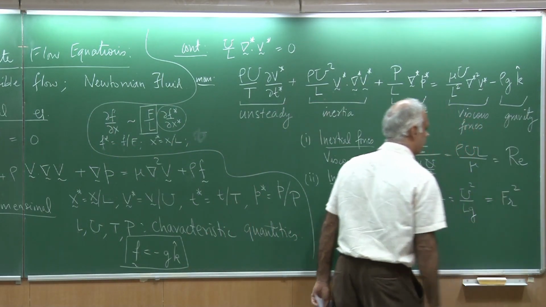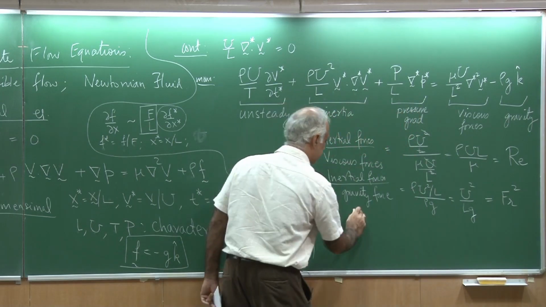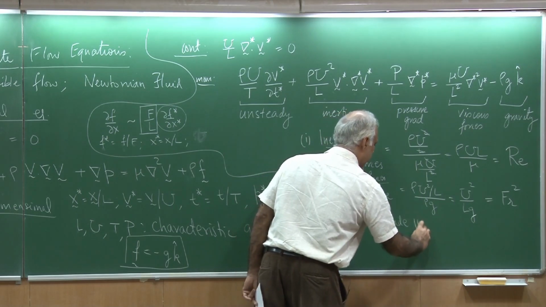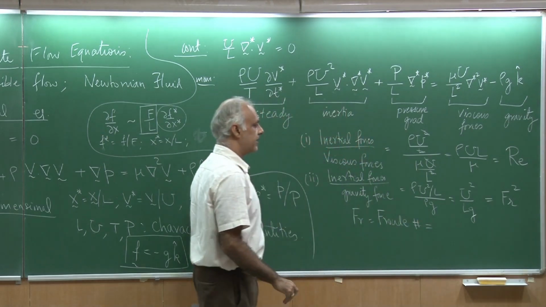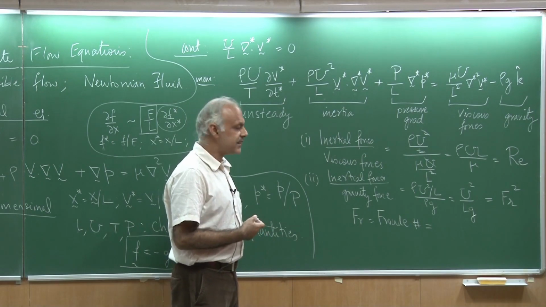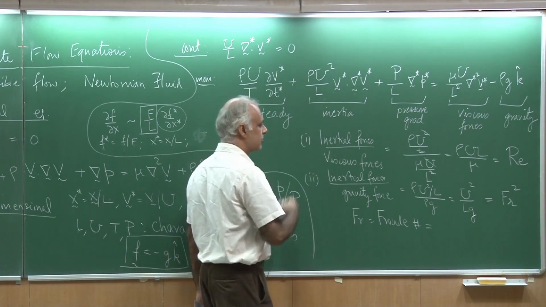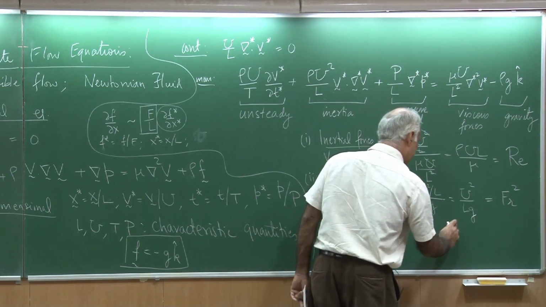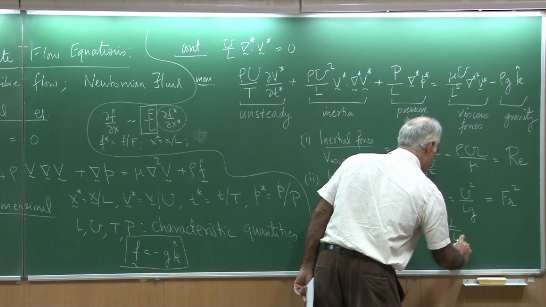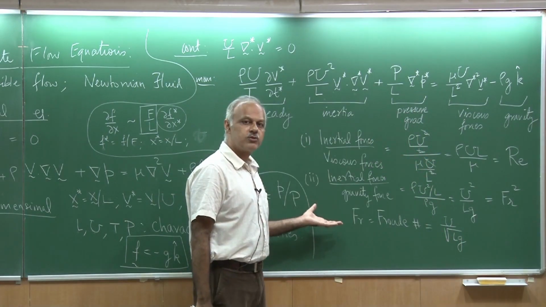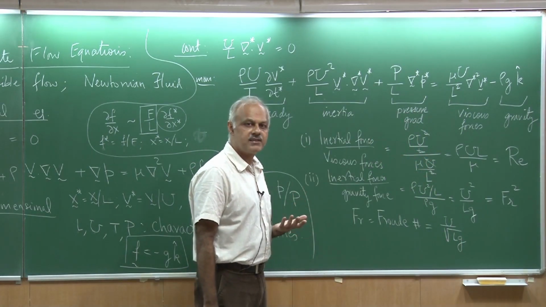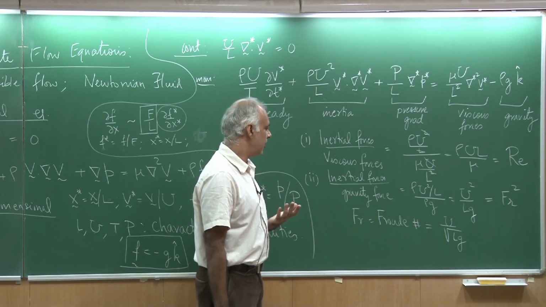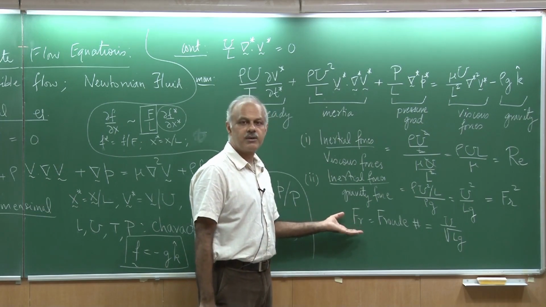Okay? And this is known as a number, a square of that, the Froude number. So Fr is the Froude number, and they are all named after different scientists who discovered them. So Reynolds, of course, we all know, and this is Froude. So that would be u over square root of Lg. So if I wanted to find out from a certain phenomenon whether my gravity term is important compared to inertia, all I need to do is look at the Froude number.